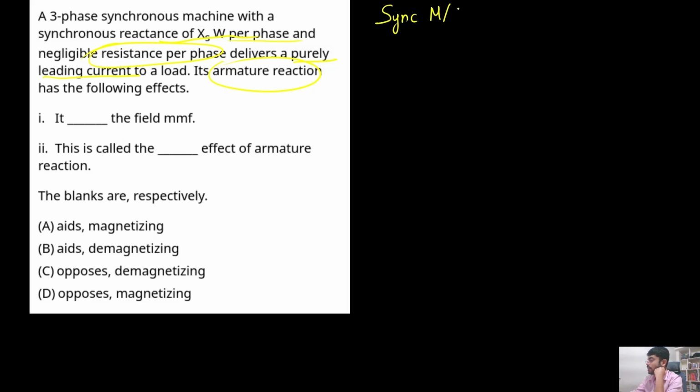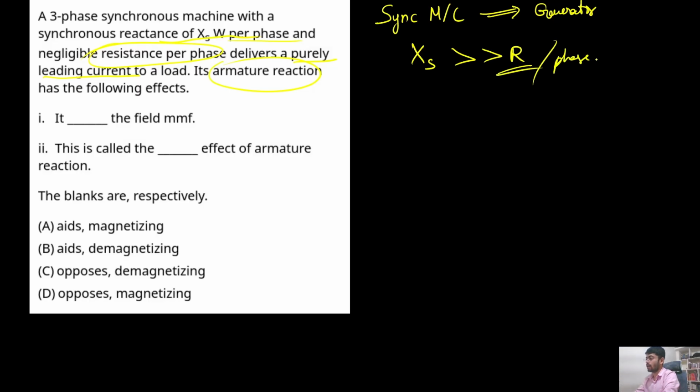Whenever they say a synchronous machine, most of the times it is a generator. Okay, assume it is a generator. So the synchronous reactance is much greater than the resistance, because the resistance is negligible, both are per phase values. So it is delivering a current which is leading.